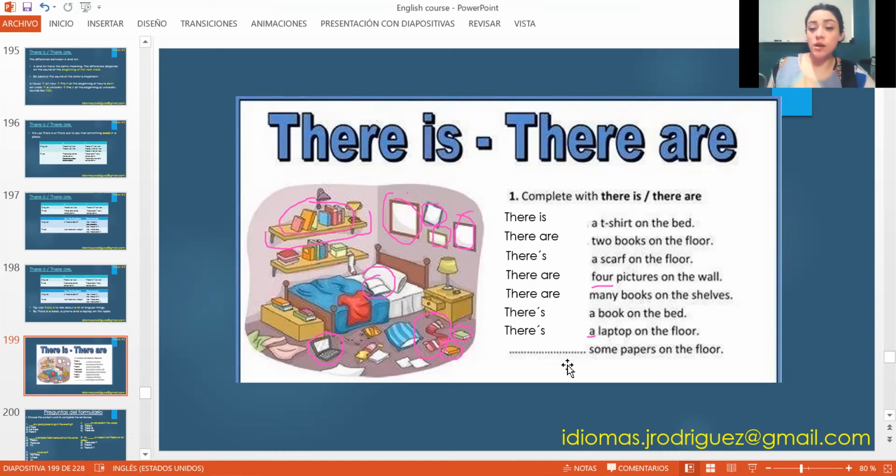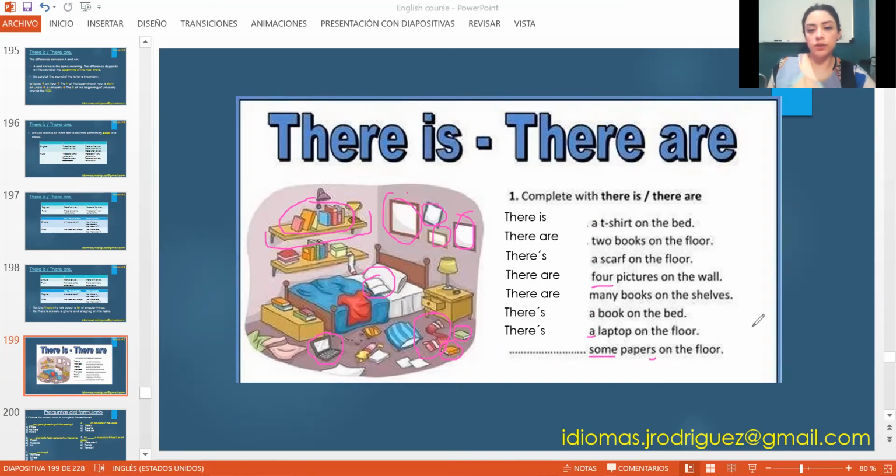And the last one, some papers on the floor. First, some is for plurals, and we have paper. Like this is singular, 1 paper, and 2 papers or more, plural.